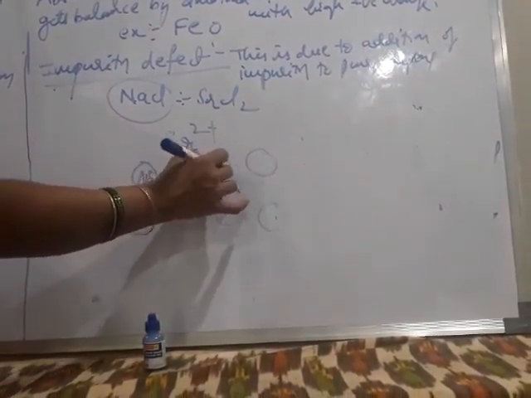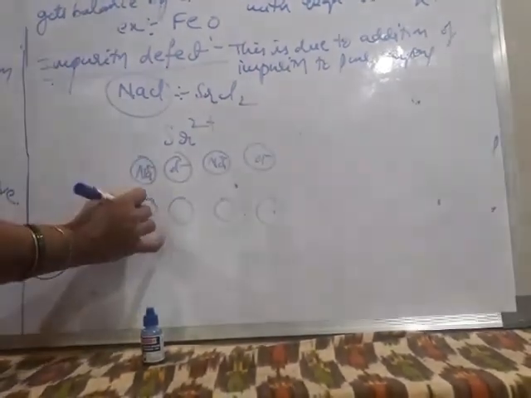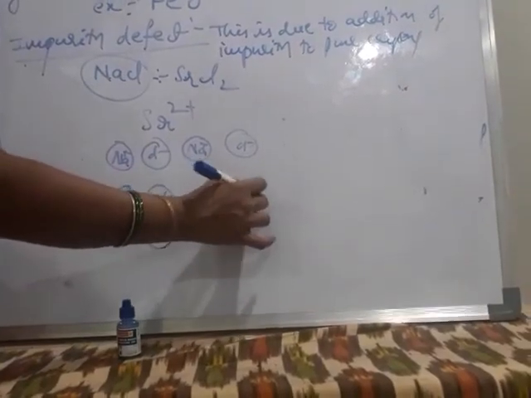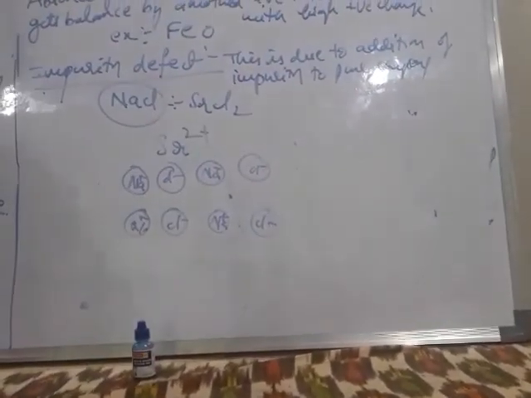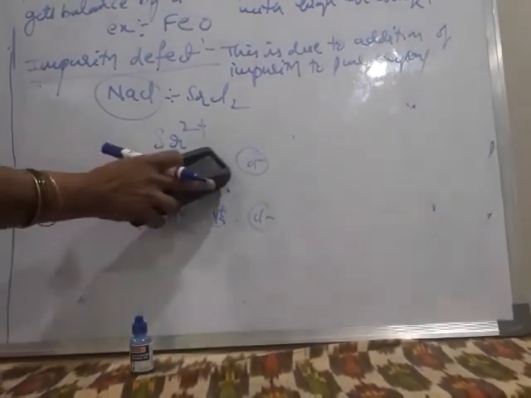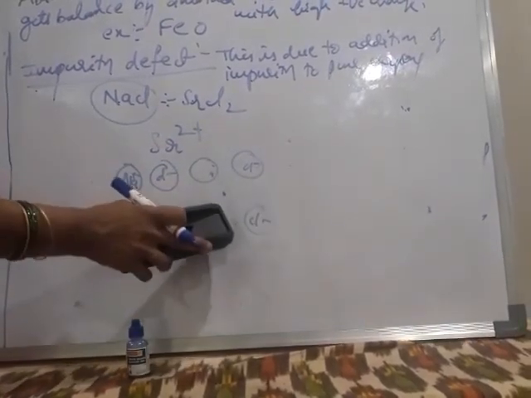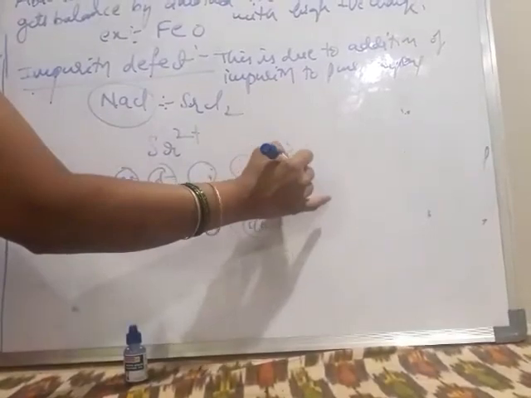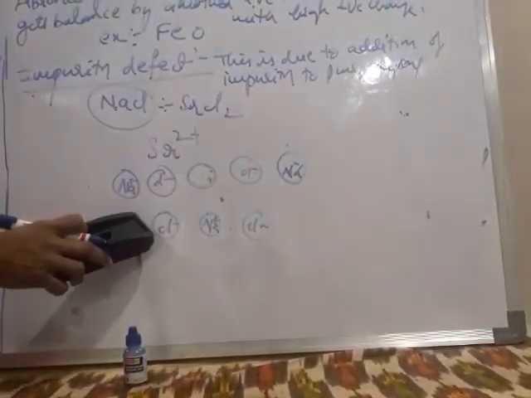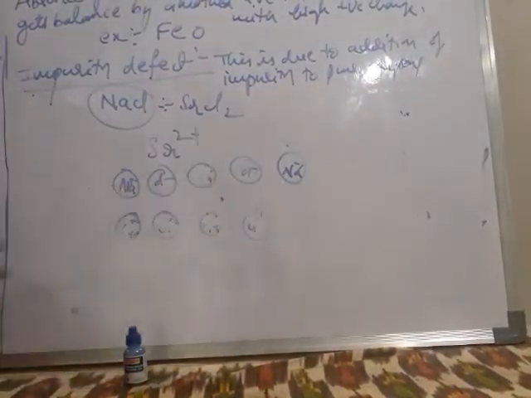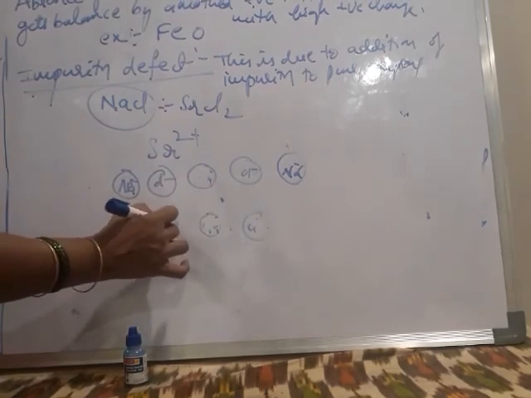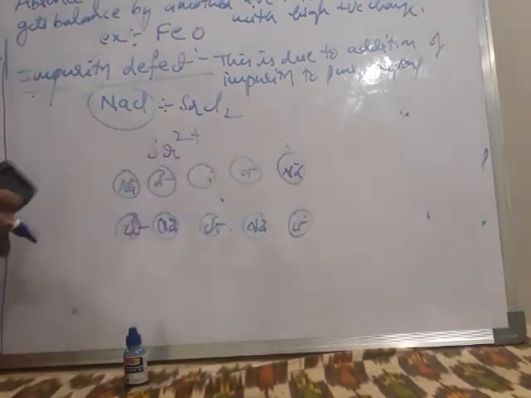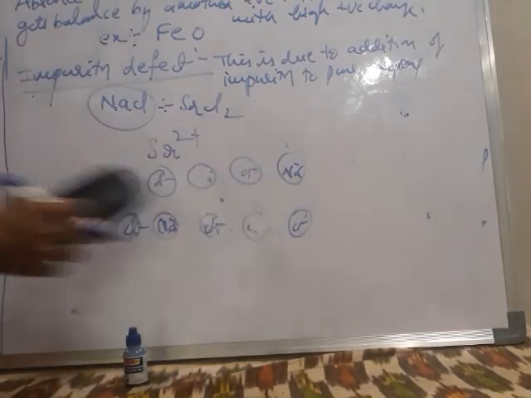If you add strontium chloride to this, the strontium ion replaces 2 sodium ions.